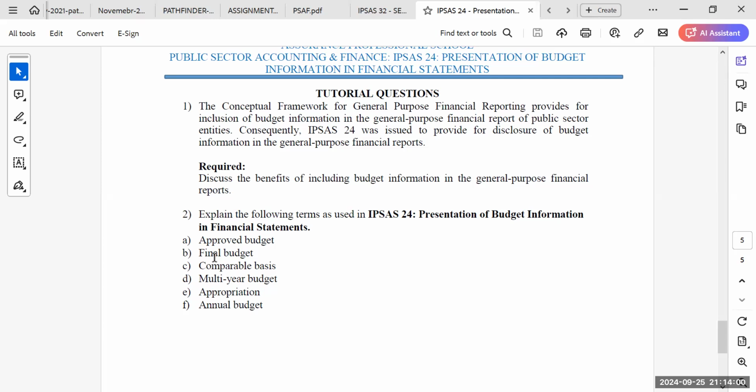Okay. So the approved budget is that particular budget that has been approved by Parliament, which will be implemented. So the budget that has been approved and will be implemented for a particular period will be what we call the approved budget. Okay, so what you said is not bad.